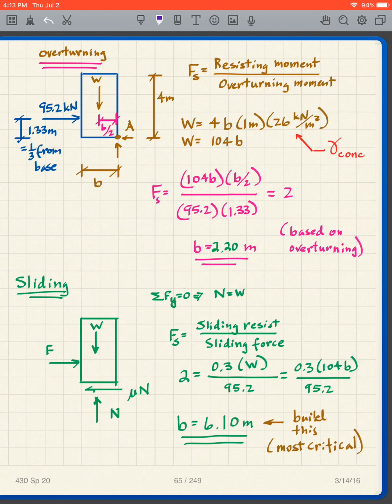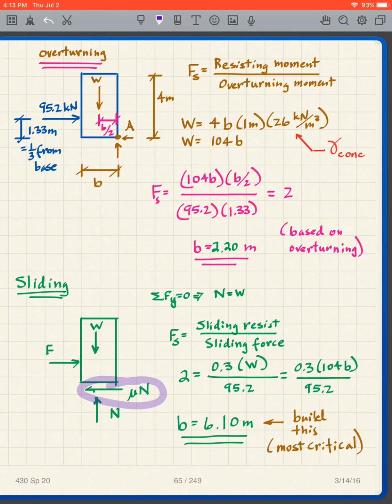And if I look at my free body diagram, take the sum of the forces in the y direction equals 0, I see that the wall is not moving in the vertical direction, so N is equal to W. And my factor of safety in sliding is defined by the sliding resistance divided by the sliding force. What is the sliding resistance?